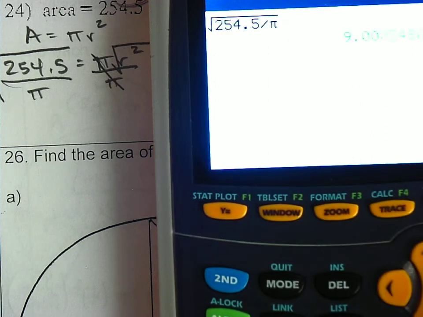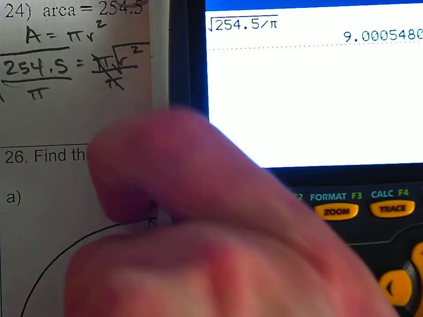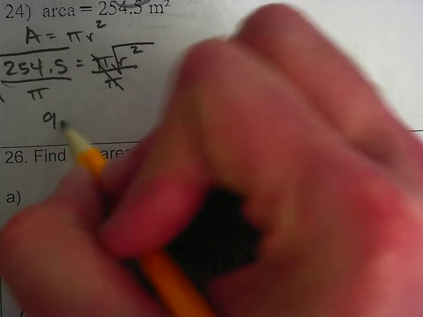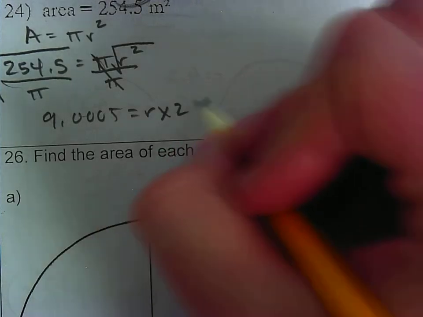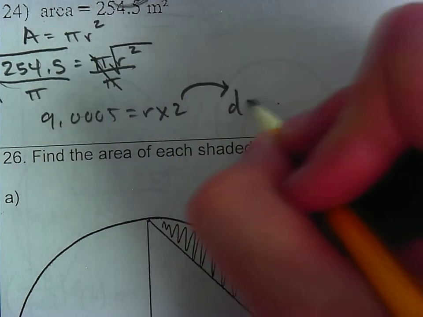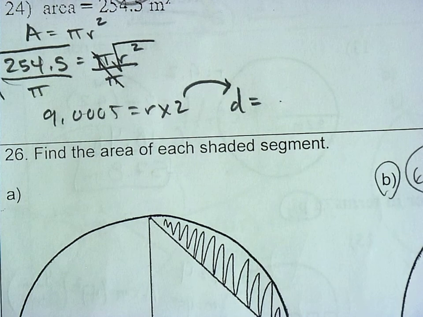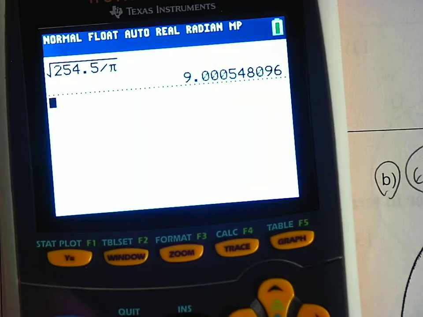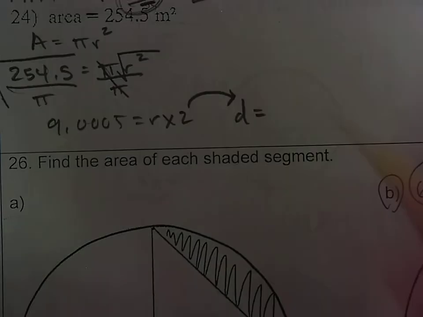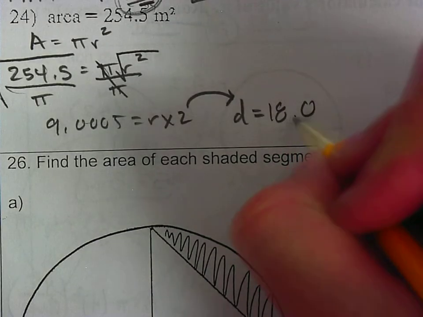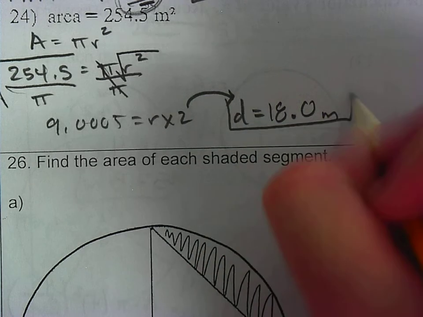Press enter there, and we get our radius is 9.0005. To get the diameter, we just times that by 2. In our calculator, hit the times button, 2. That's going to be 18.0, and our units are meters.